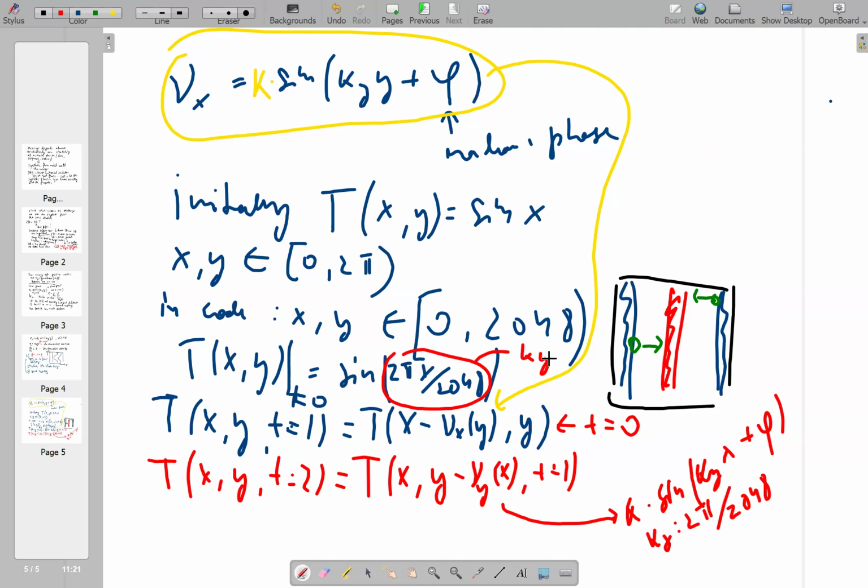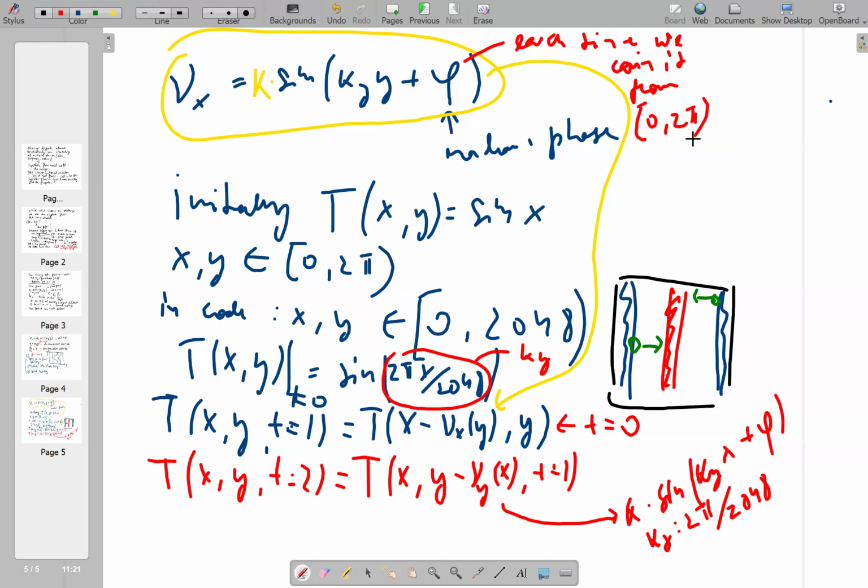So it's not the same, but each time we pick phi from 0 to 2 pi, right? I get a random number from 0 to 2 pi.